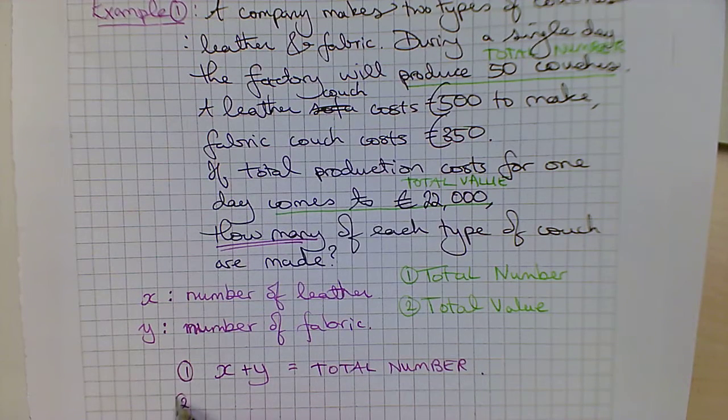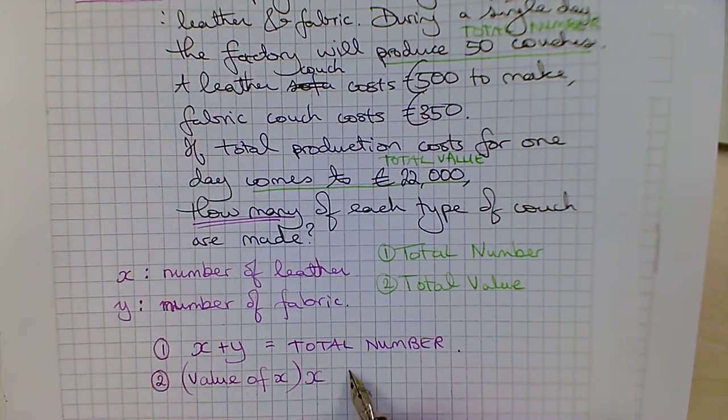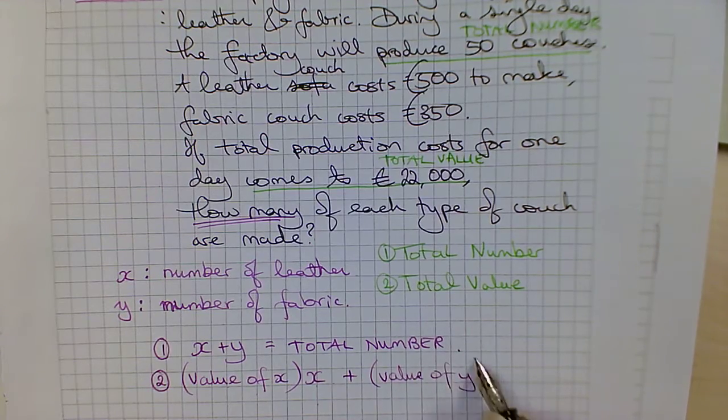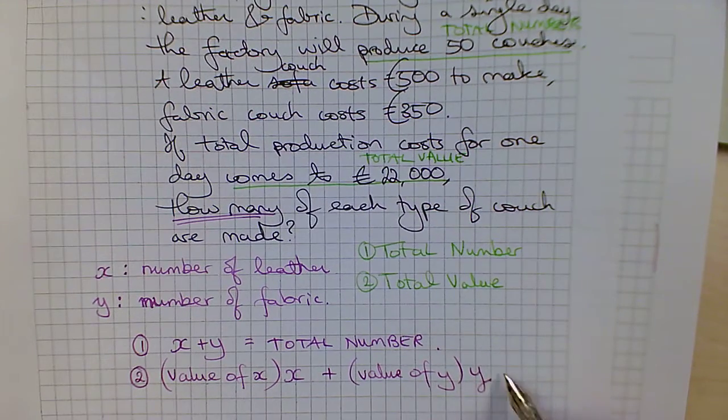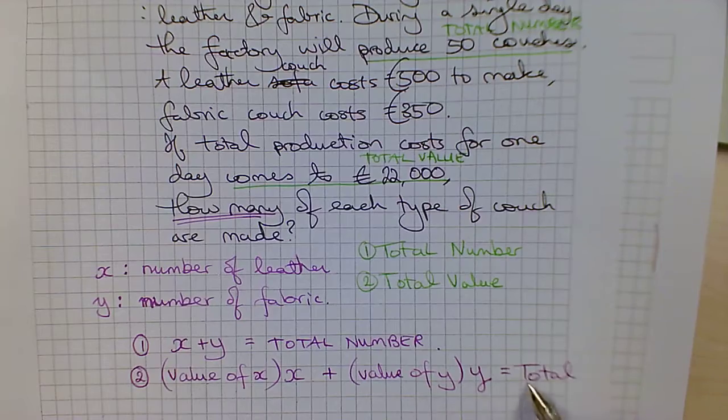We have a trick for the second one as well. The value of X, or cost of X, multiplied by X, multiplied by how many I have, added to the value of Y, how much Y costs, multiplied by the number, will always add together to give you your total value.